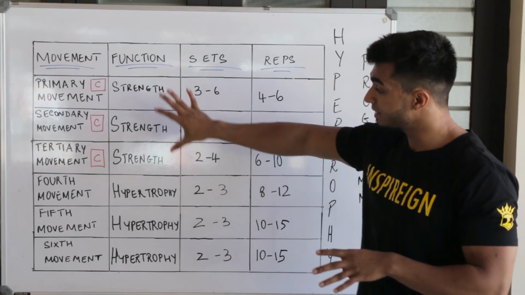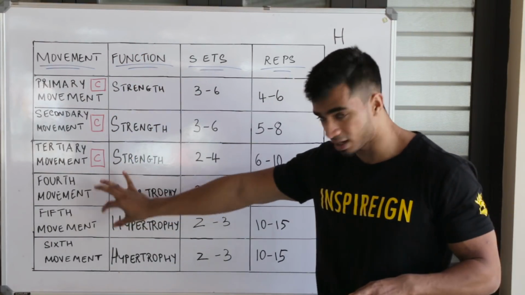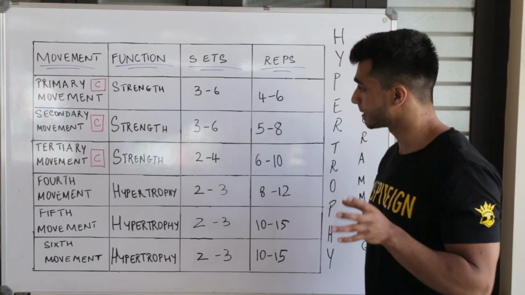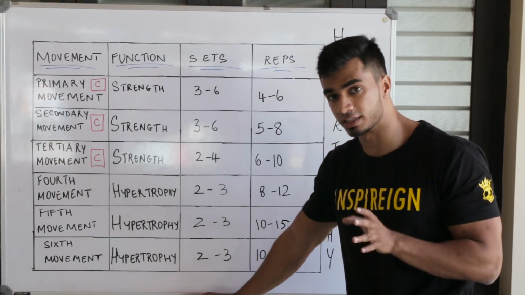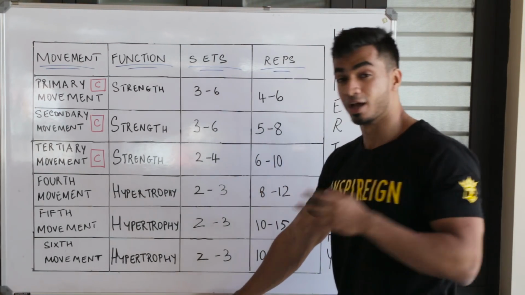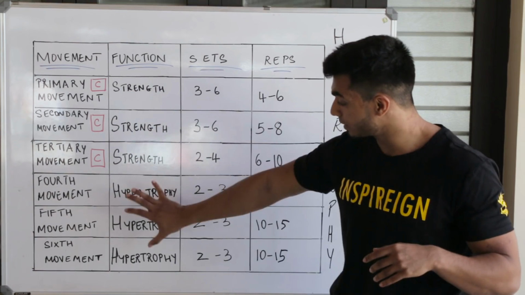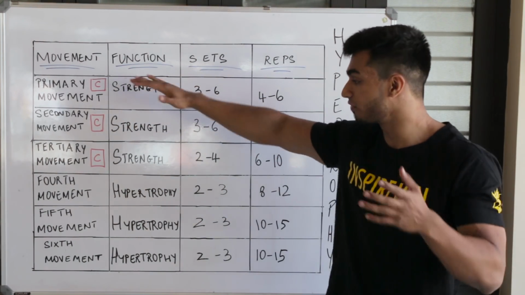Well guys, strength is basically your compound movements and hypertrophy is more or less your isolation, okay. Now that I say strength, it does not mean you're working only on strength. There is a lot of hypertrophy that goes into this. In fact, according to me, more than what you're going to get over here. This is your main. That's why it's put first, the first 3.